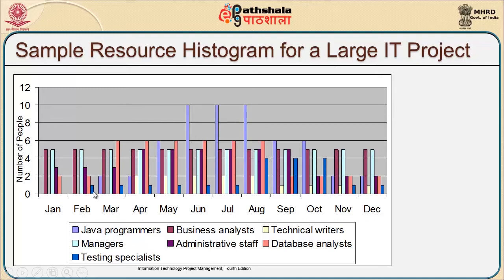But the test engineer's involvement is gradual from the beginning till the end of the project; at the initial times the involvement of the test engineer is there, but as and when the development has happened, the testing role increases.